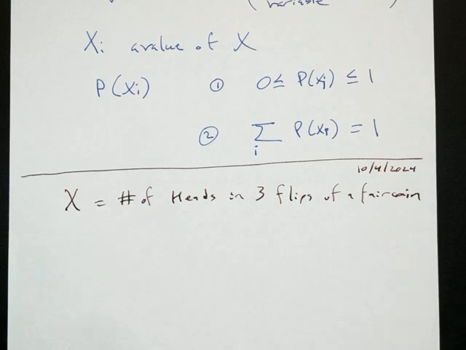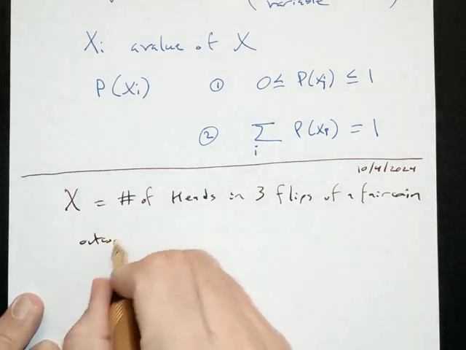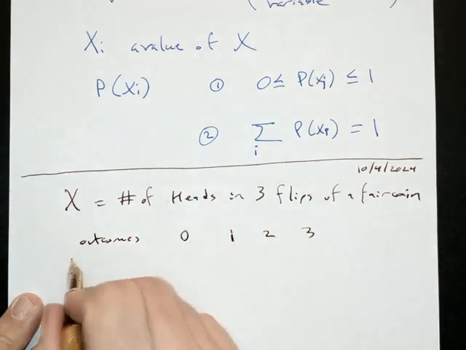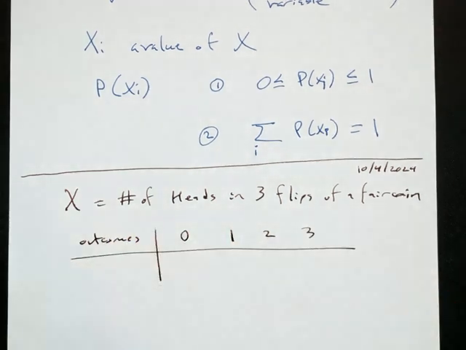So I know that the set of outcomes looks like this. In order to build a probability distribution function, I have to come up with the chance I get 0 heads, 1, 2, or 3 on this coin, assuming that it's a 50-50 chance heads or tails.